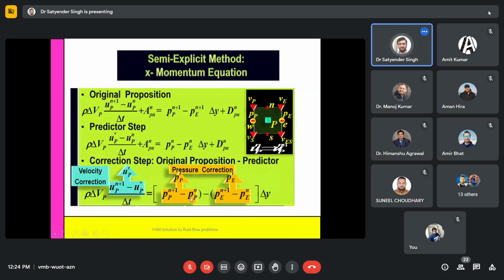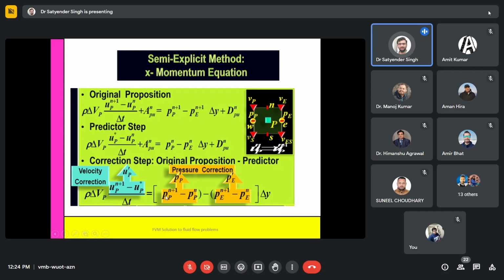So this p at n or p e at n, they both are available numerically now from the predictor step, or you can take directly the reference of the initial values which are available for p p n or p e n. So again I am left with p n plus 1. Still I am not getting its value.